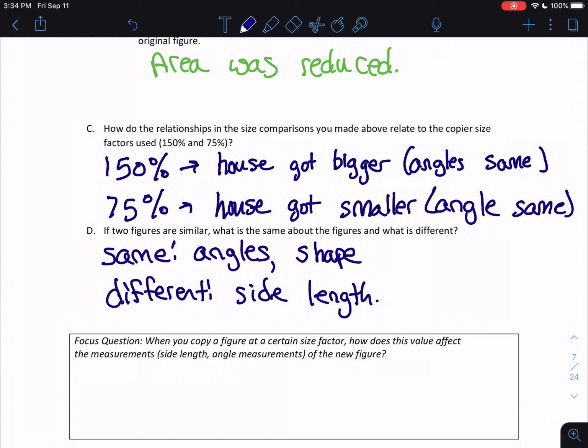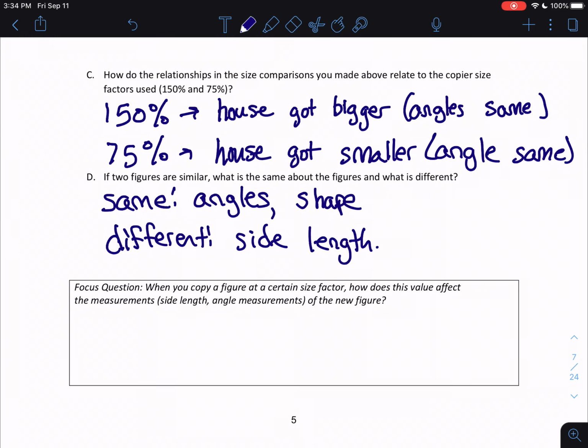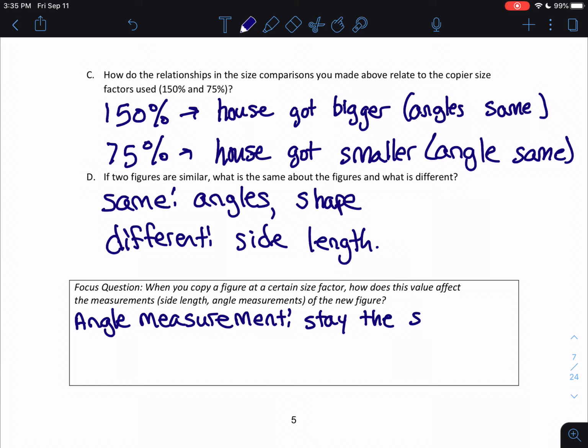Okay, so then finally, when you copy a figure at a certain size factor, how does this value affect the measurements of the new figure? So with our angle measurements, they stay the same. And remember, anything I write, you should be writing. So anytime you need to go back and look again, that's fine.